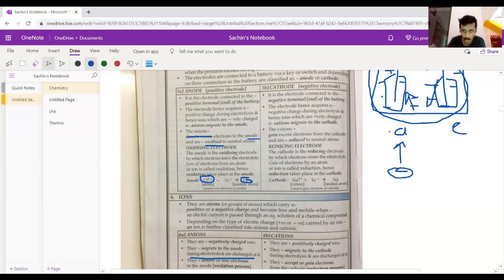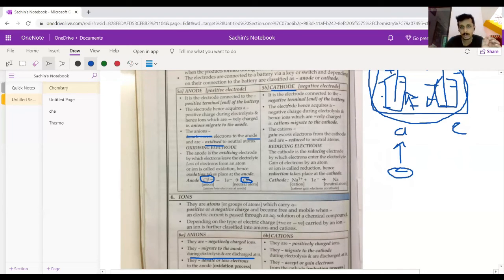Hence, we call this electrode an oxidizing electrode because it oxidizes the anion. But in turn, the anode takes up that electron given by the anion, so it itself undergoes reduction. You have to understand this particular difference.